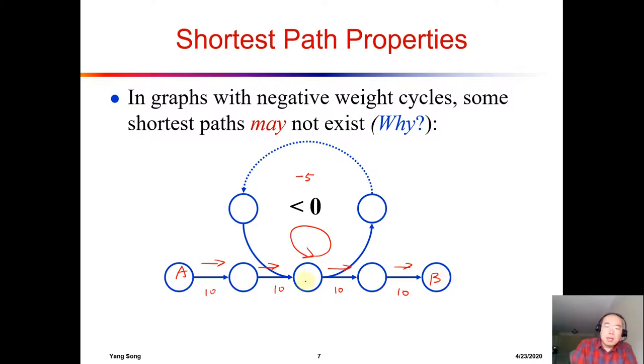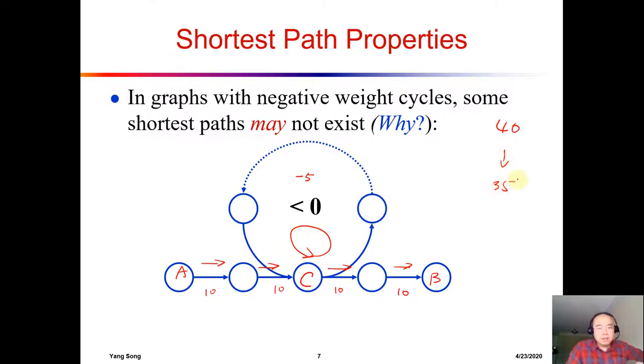Why? Because after arriving at node C, we do a circle here, so we reduce the total weight by 5. Originally we said 40, but if we go one loop, it goes down to 35.